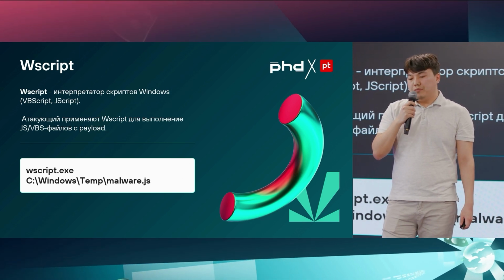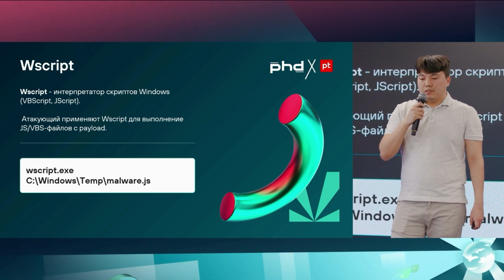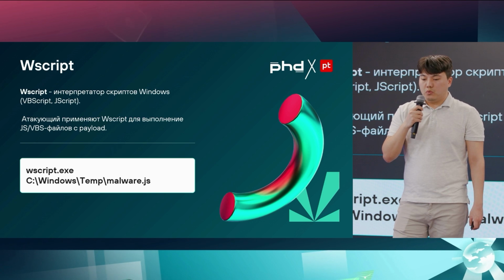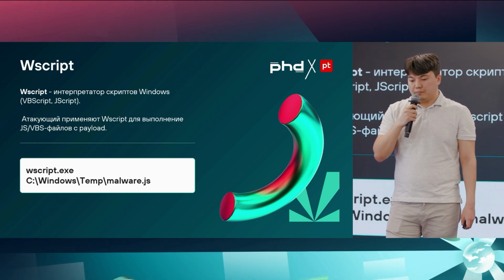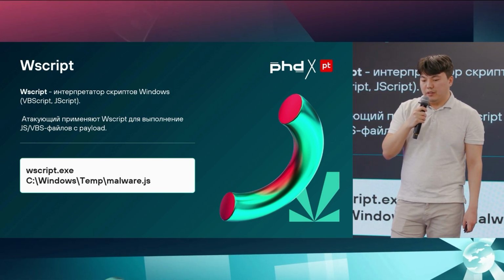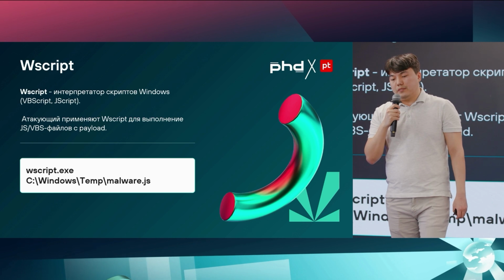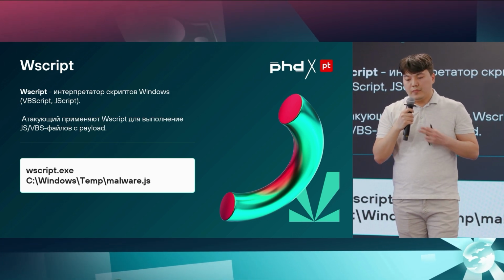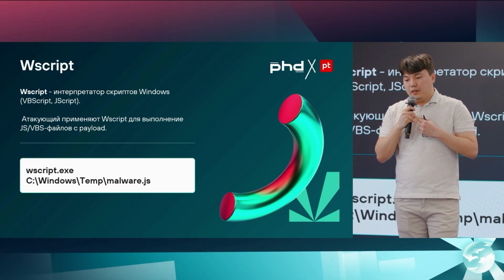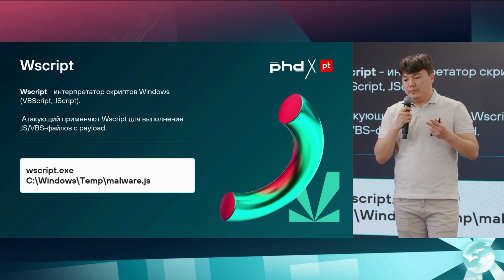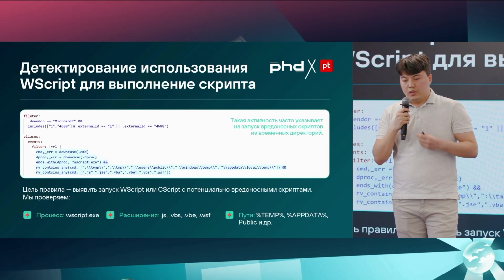The next one is wscript. This is to interact with JS or VBS scripts. It is also used by attackers. They run various scripts which are there in suspicious directories like temp or public, and that's what we should pay attention to.